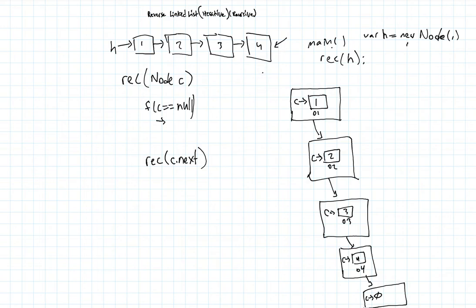Okay, then I need to have head transferring with me each time. So let me put head. Head will be the same, but this time I will make it a reference value, because I'm gonna move it around, right?